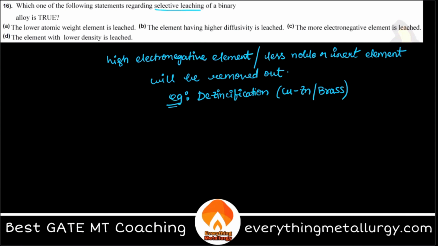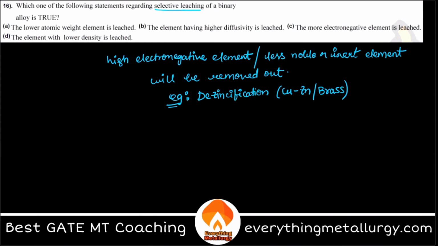Okay, brownish red patches are formed. That means that the zinc is removed out slowly. Depending on the atmosphere surroundings, this will be happening. Okay, so this has many names: de-alloying, selective corrosion, or selective leaching.